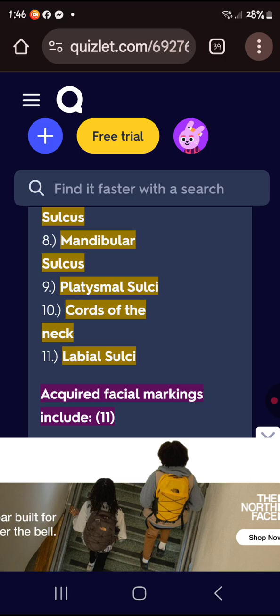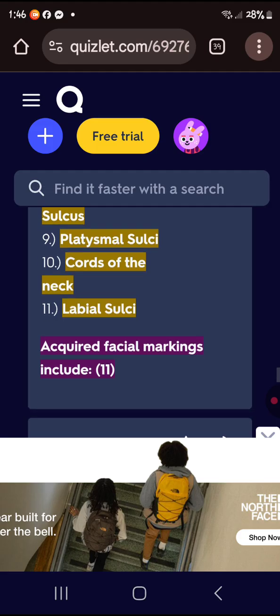Mandibular sulcus just has to do with the jaw. Platysmal sulci, remember that's the platypus tail that covers the neck down to the collarbone. Cords of the neck, that's the wrinkles running across the neck. And labial sulci, which is lip wrinkles.